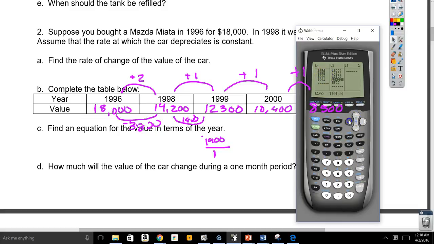Oh, I forgot 1999. Second insert. Okay, so now I've got my data in there.